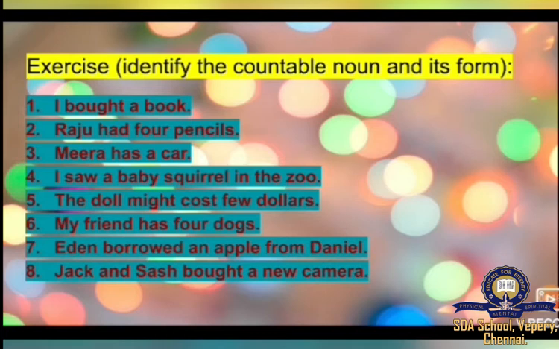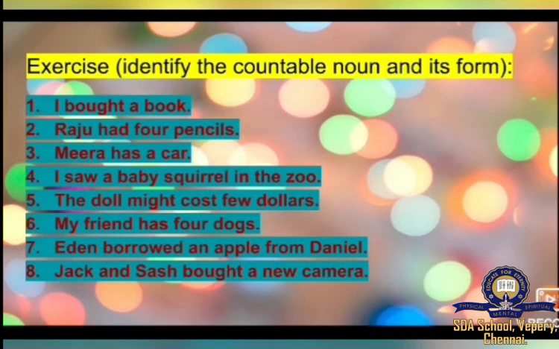Second, Raju had 4 pencils. The noun is pencils and it's in plural form. Third, Meera has a car. Car is the countable noun and it is in singular form. So we see an indefinite article, a. I saw a baby squirrel in the zoo.